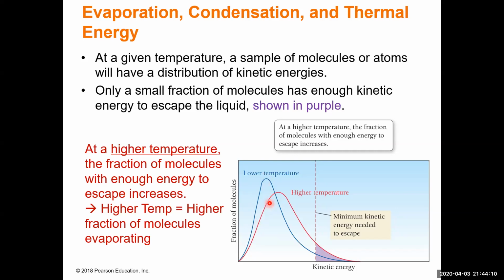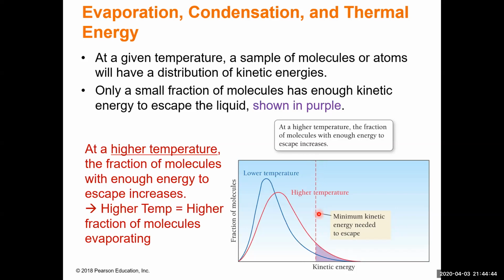And at higher temperatures, the largest fraction of molecules will have this amount of kinetic energy. And only a small fraction of molecules will have enough kinetic energy to be able to escape the liquid. And this is shown by this part of the graph that's shown in purple.